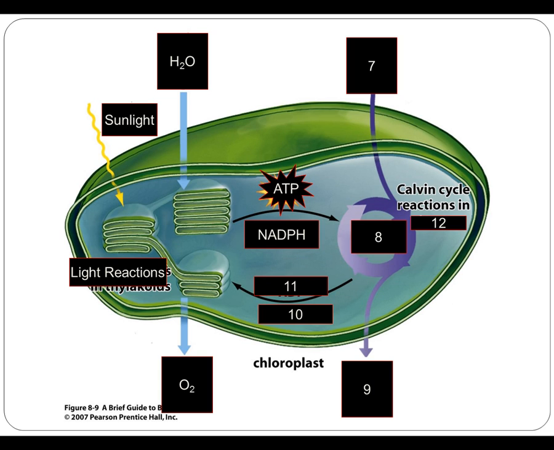In order for the Calvin cycle to occur, an atmospheric gas called what has to be available? Carbon dioxide will enter. It is fixed to a molecule called RuBP, ribulose bisphosphate, using an enzyme called Rubisco.